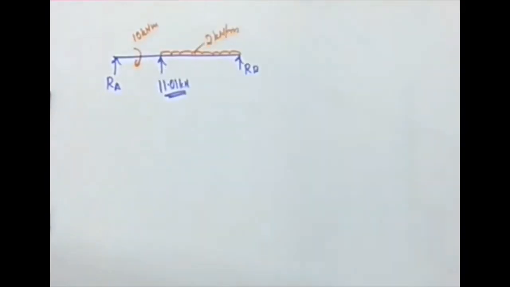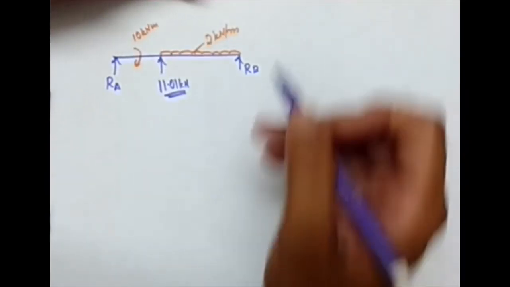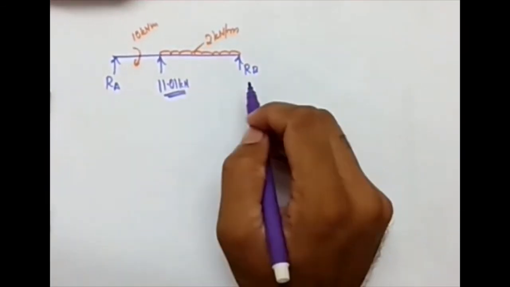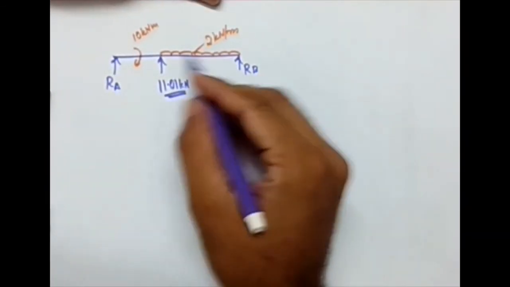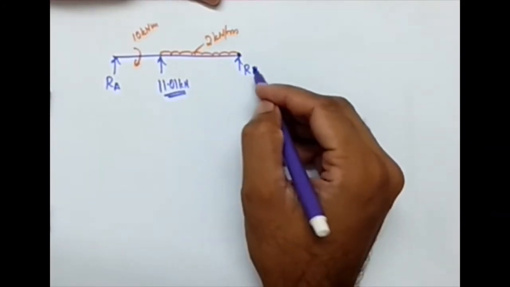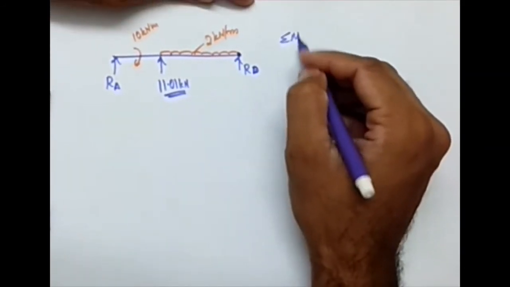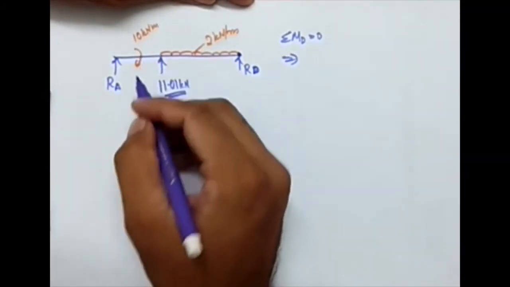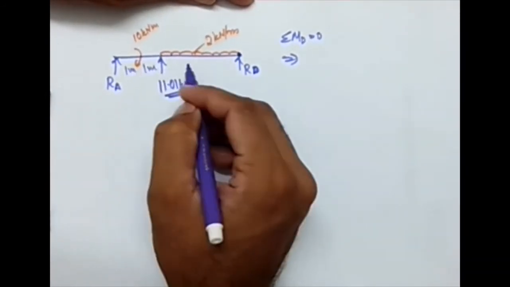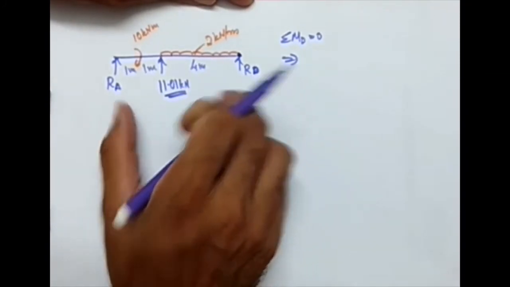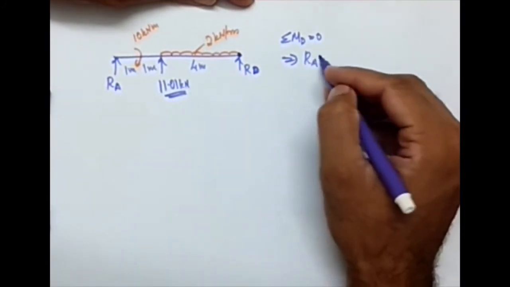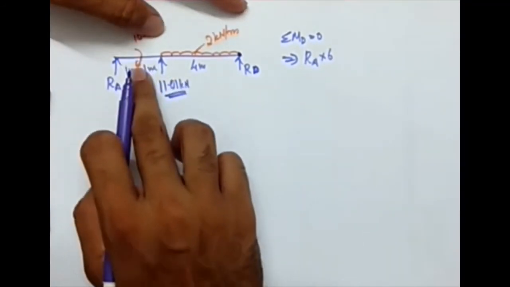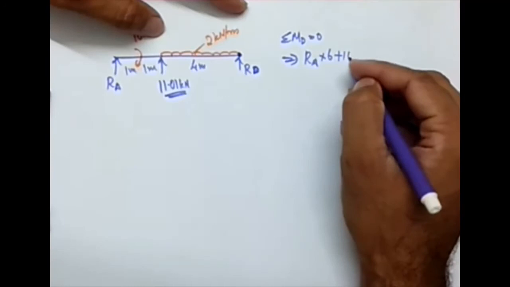Now we are going to simply apply our equations of equilibrium to solve it. So first we are trying the equation sigma Md equal to 0. What are the terms? There is Ra, with 1 meter, 1 meter and 4 meter, so total is 6 meter. So Ra times 6, right? Then there is the moment, which is also clockwise, hence 10.